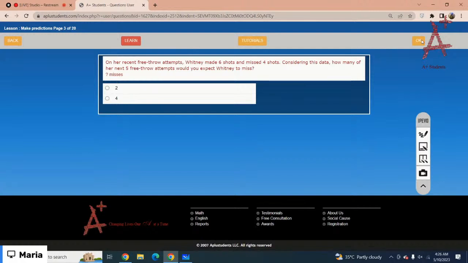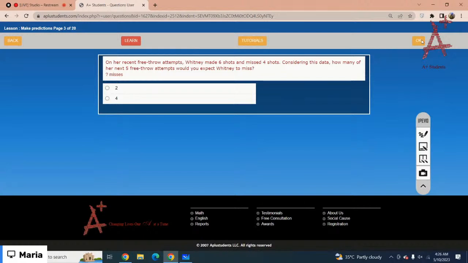So if you calculate the probability of the missed shot, it would be 4 out of 6. That means 2 out of 3. 2 divided by 3 is 66%. Got it? That means 66% shots she missed out of the 6.